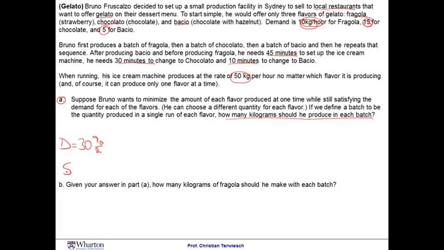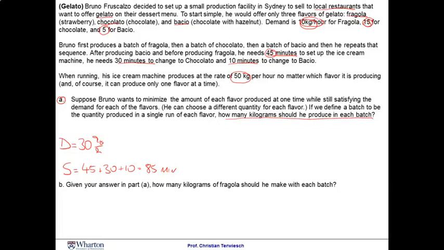Next, look at the setup times. Now, don't let yourself get confused by the fact that changing over to fragola and then to cioccolato, that these times are different from each other. Really, the only thing that matters is the sum of the setup times, and that is 45 minutes for fragola, 30 for cioccolato, and then 10 for bazio. And so the total setup is 85 minutes.